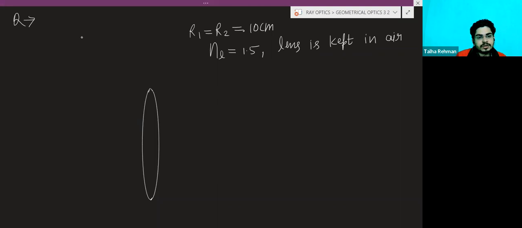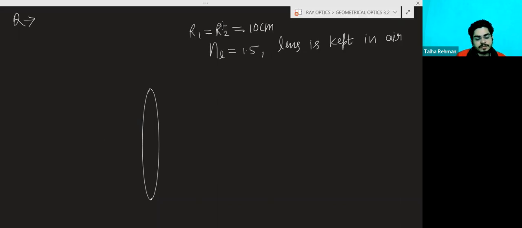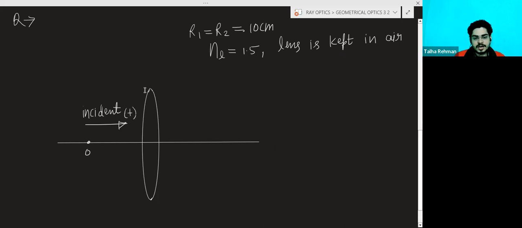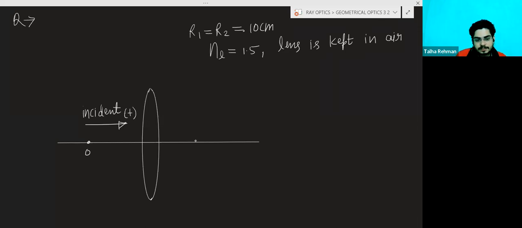For finding the focal length of this lens, we have the lens maker formula. Suppose the object is placed here, so the incident light ray will go in this direction. I told you the direction of the incident light is considered as the positive direction. Now R1, this is R1.